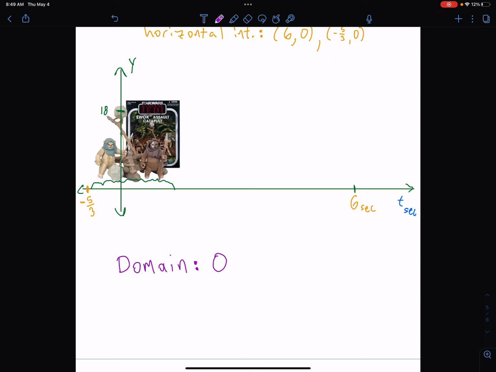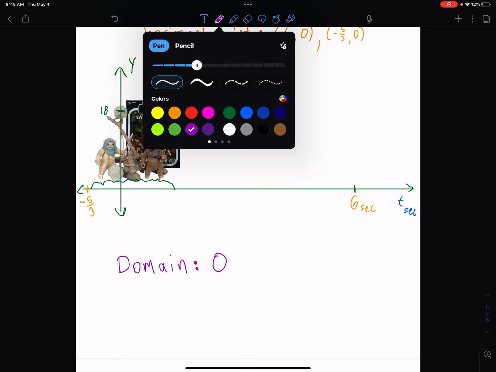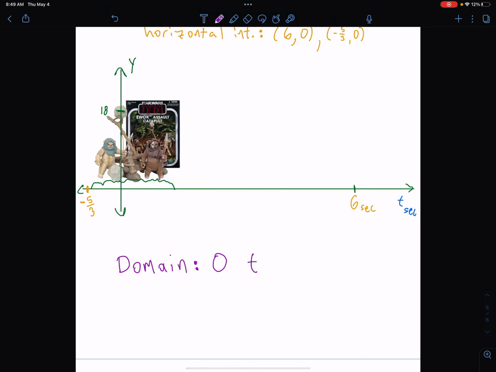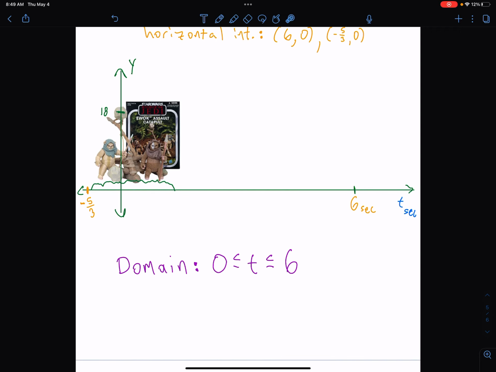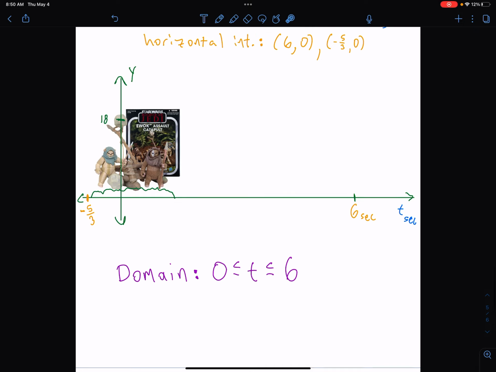It doesn't really apply to this because our domain is restricted from 0 until we put t in the middle. t is going to be greater than or equal to 0, but less than or equal to 6 seconds. Okay. So the only thing we care about for our domain for this projectile is 0 to 6, because we could care less about negative time. All we care about is the present and the future. It's good advice for life as well as math.